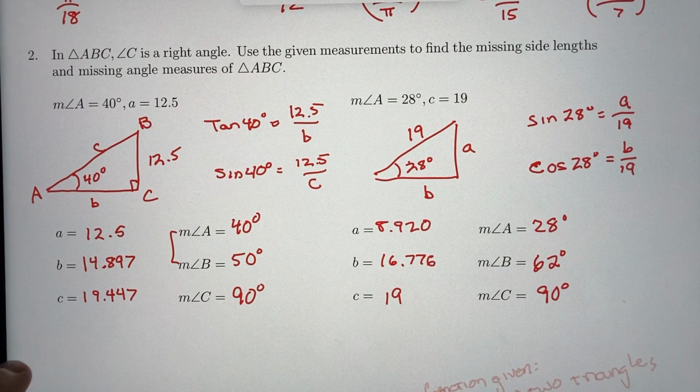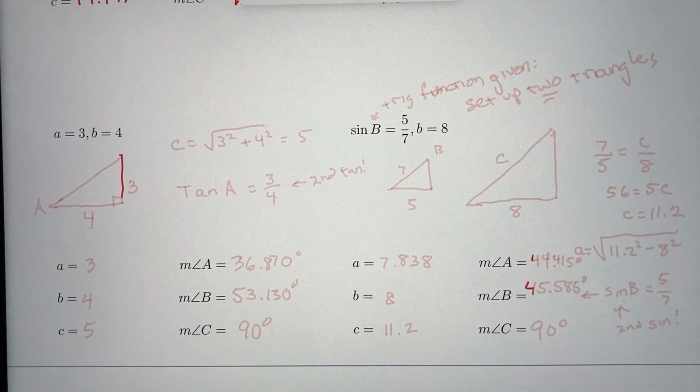Okay, two slightly different types of triangles. If you're not given the angle specifically, except of course for C, A is 3, B is 4. If you're given two sides of a right triangle, you use the Pythagorean theorem.